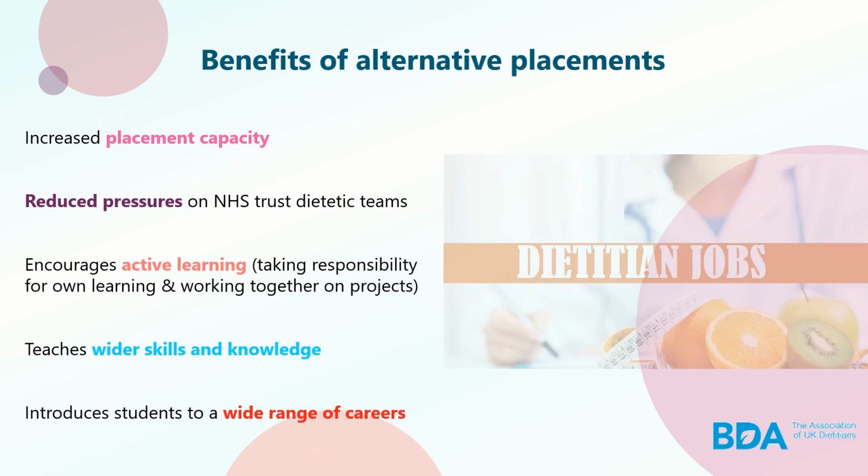For example, we might have one student that is out in industry, or in primary care, or in social care for half the week, whilst the other student is in the trust, and then they might swap for the other half of the week. So you only ever have the equivalent of one student with you each day over the week, but you've actually increased your placement capacity to 2. It's just that you're swapping the students round with those blended learning projects or hybrid style placements.